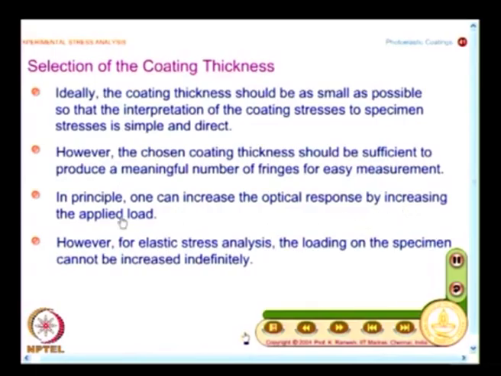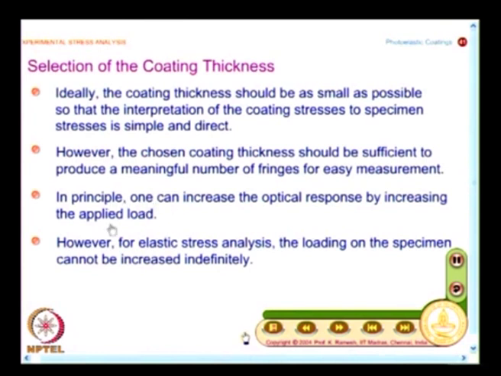So, if I do not have sufficient optical response, I cannot make a measurement. So, in order to make a measurement, I can increase the thickness of the coating, that is one method. The other approach is by increasing the applied load.